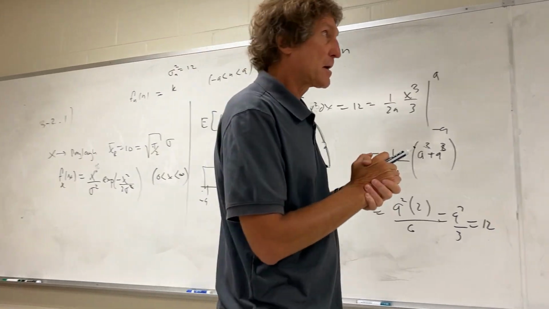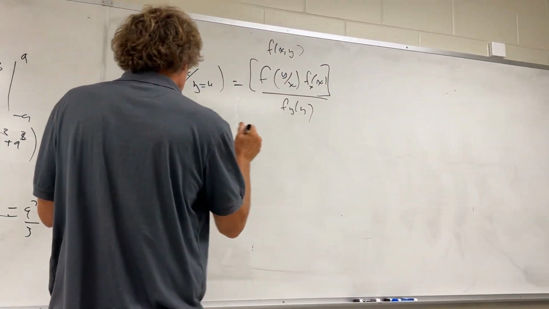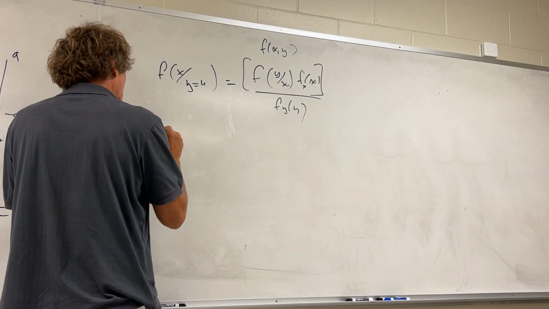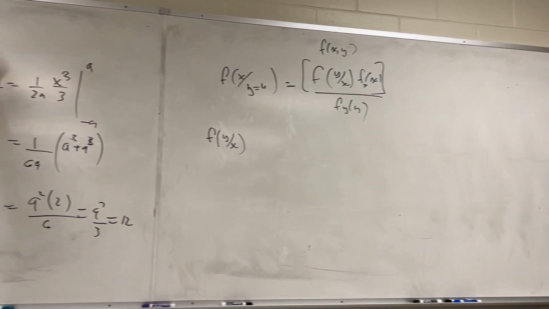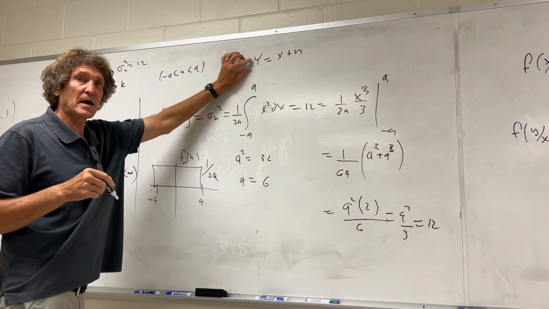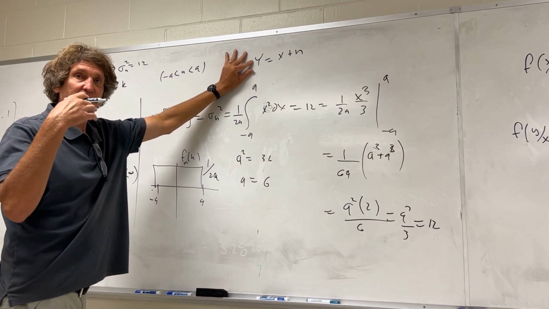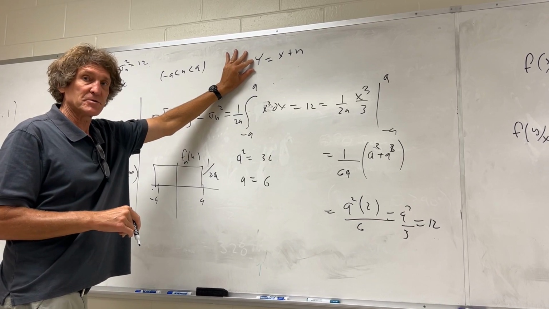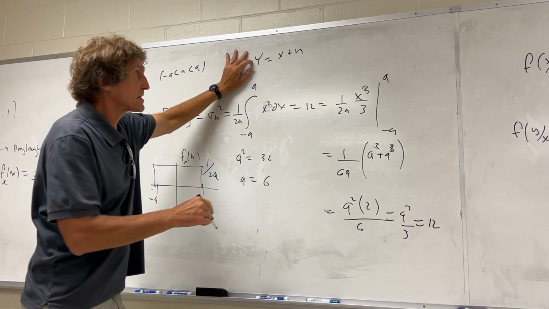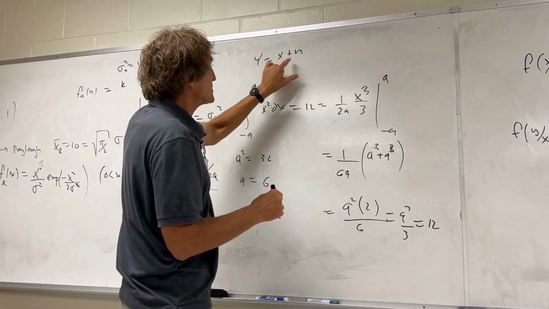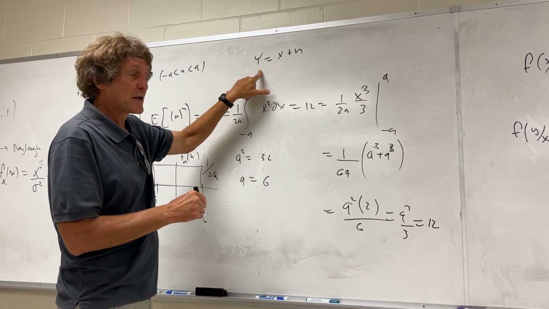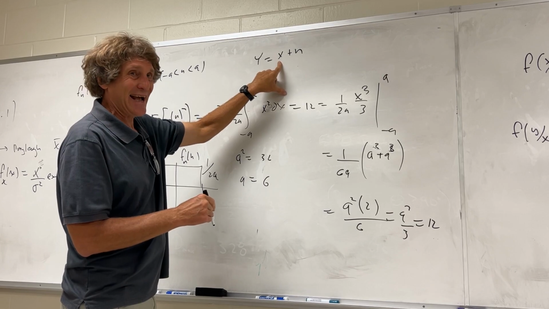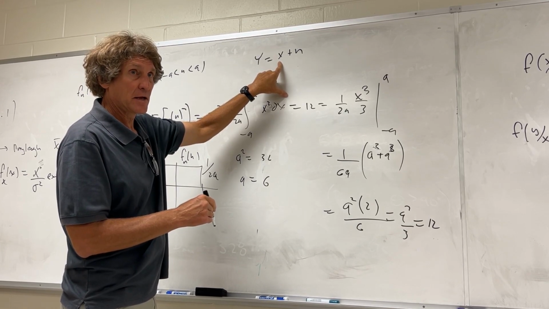Now I come over here. The next thing I have to get is f of y given x. And here I go over to this thing, and this is stated in the book. I didn't say this effectively last time, I don't think, but I want to make sure I do this time. When I look at this, remember, these two are statistical. This is not. That's observable. So they give you y.